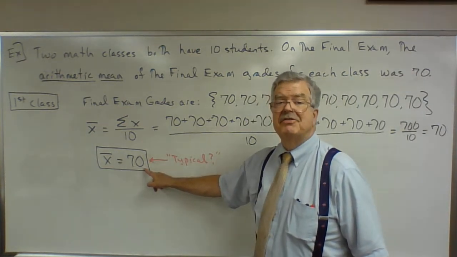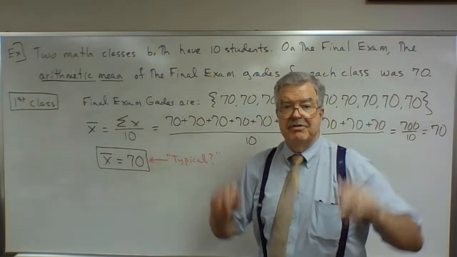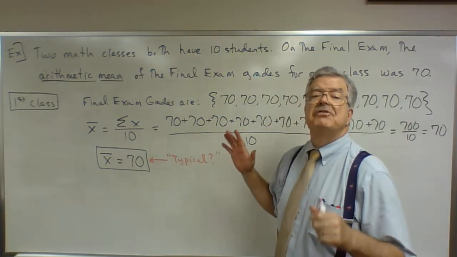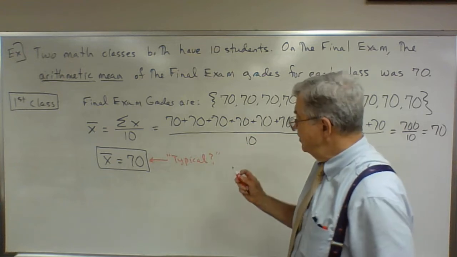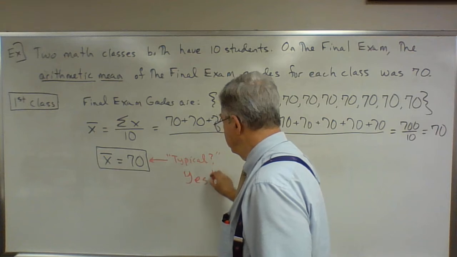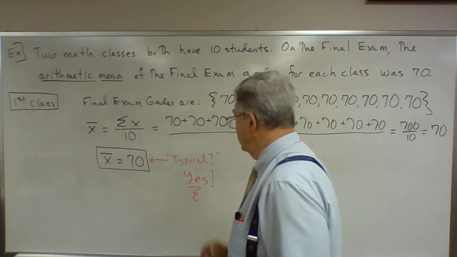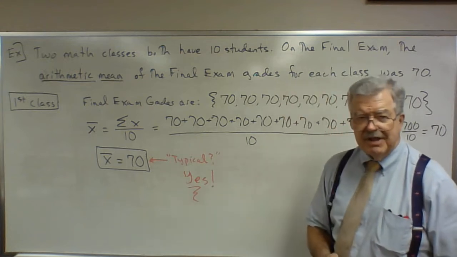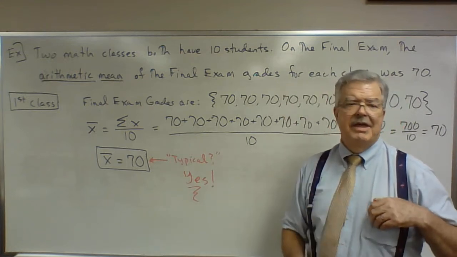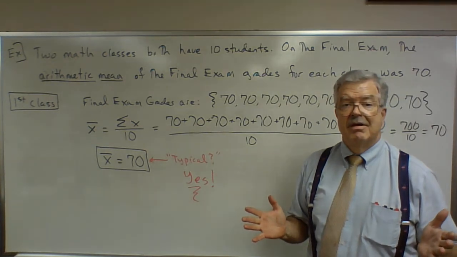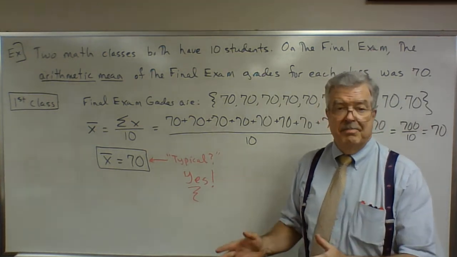It's telling us that 70 is average. In this case, 70 is average. It's what's typical of the students. So in this particular case, the arithmetic mean is a great measure of what's average or typical.